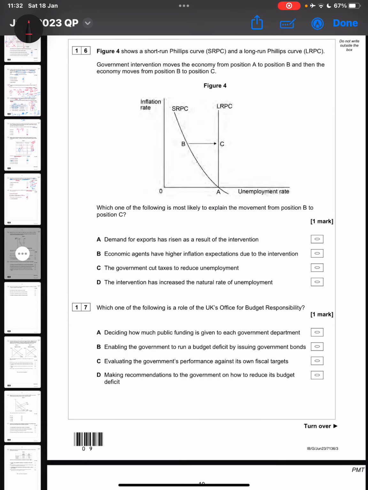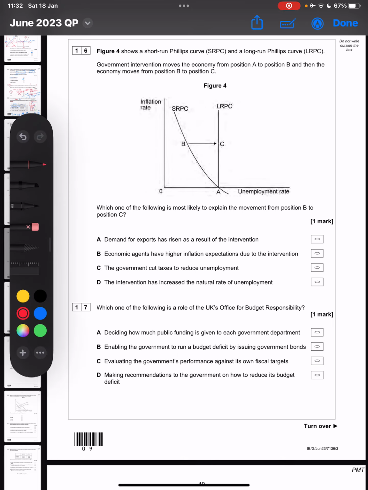Government intervention moves the economy from point A to point B, and then the economy by itself moves from point B to C. Right, so what's going on? The government tried to reduce unemployment and they created inflation. I reckon that they did some kind of expansionary policy, AD related policy, showing that kind of trade-off. But the shift from B to C, for me, I'm looking for some kind of adaptive expectations. That's just something to learn about the Phillips curve.